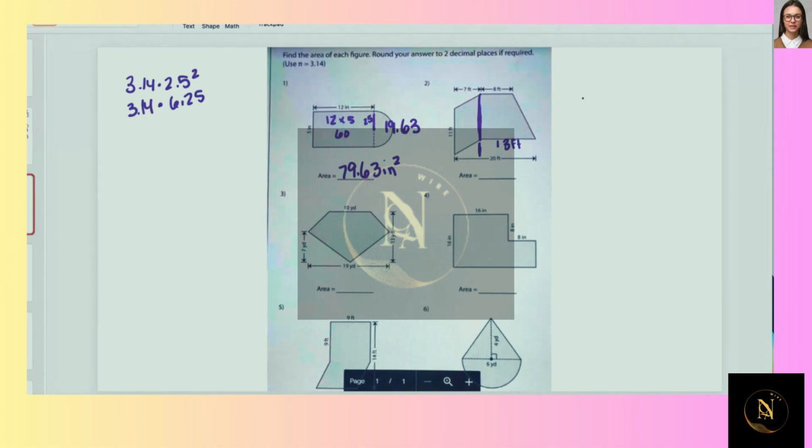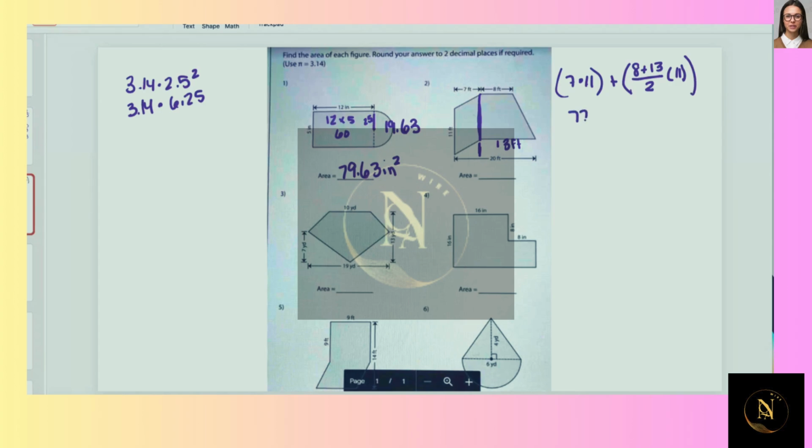So what we're going to do is 7 times 11, that's to find the area of the parallelogram, plus we're going to use the formula for area of a trapezoid, which is 8 plus 13 divided by 2 times 11.